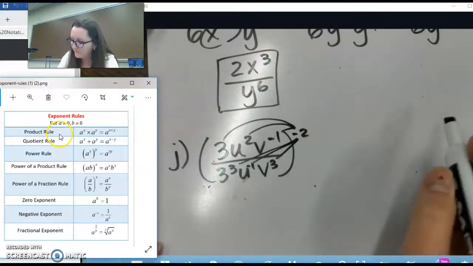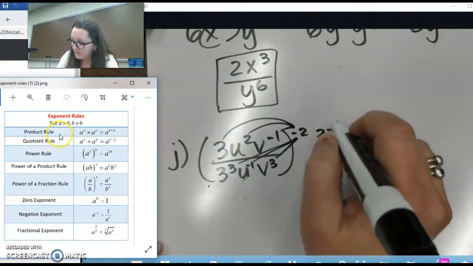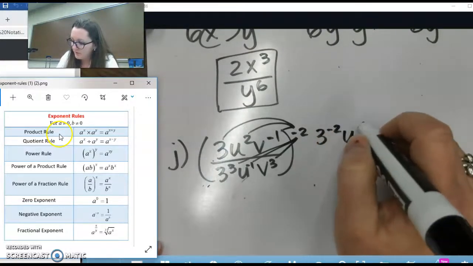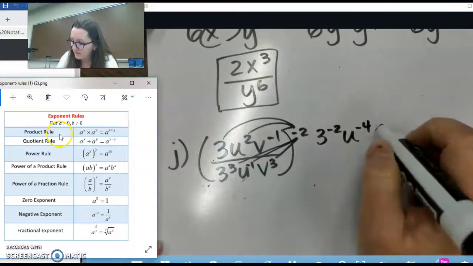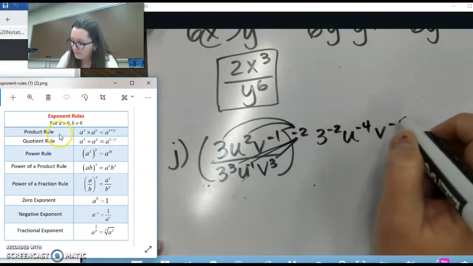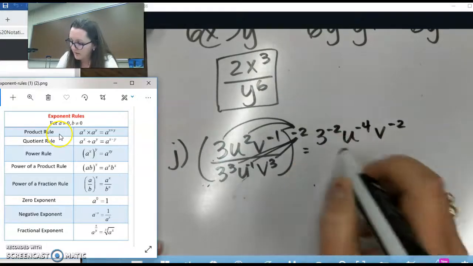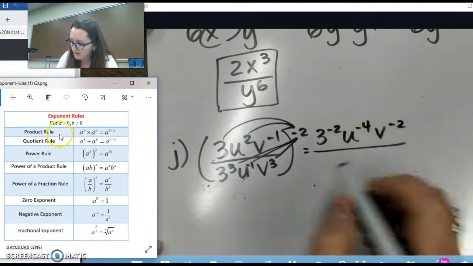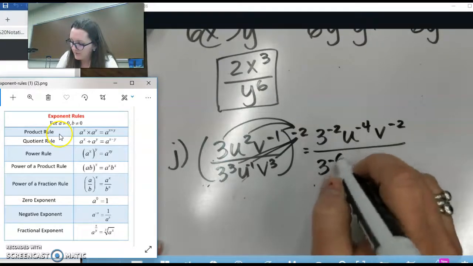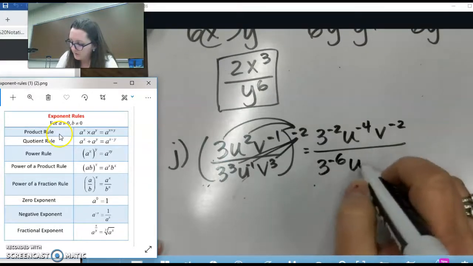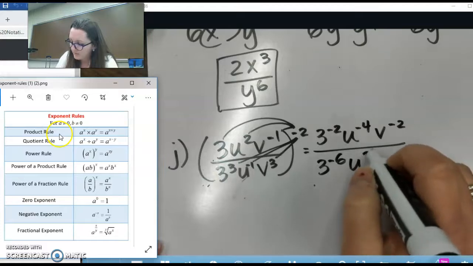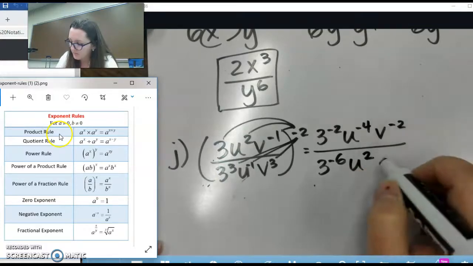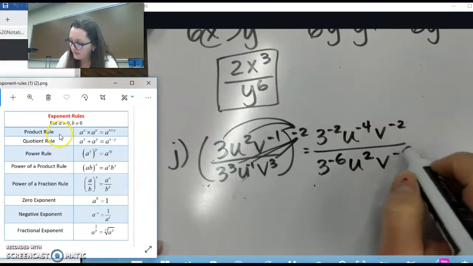It's 1, remember? So I have 3 to the negative 2, u to the negative 4 because I'm multiplying, v to the negative 2 because I'm multiplying, divided by 3 to the negative 6th, u to the positive 2, because a negative times a negative is a positive, v to the negative 6th.